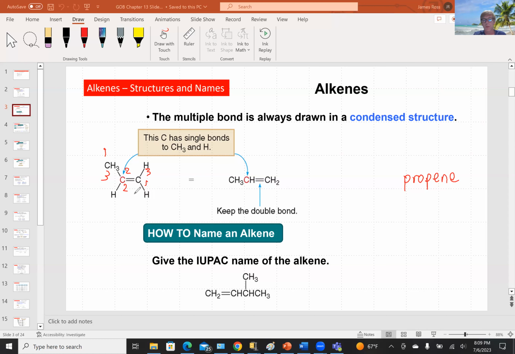The double bond is between carbons 1 and 2. We only have to name the lowest of those 2 numbers. So we just say it's 1-propene. This implies that we've got 3 carbons, prop. We have a double bond, ene, and the double bond is located between carbons 1 and 2. So it'll be 1-propene.